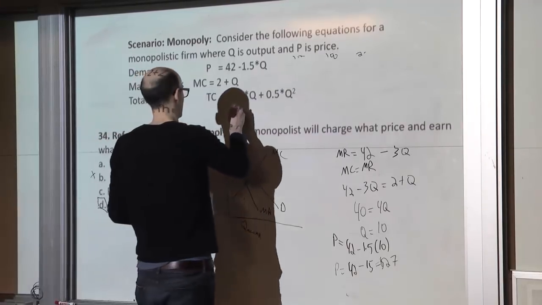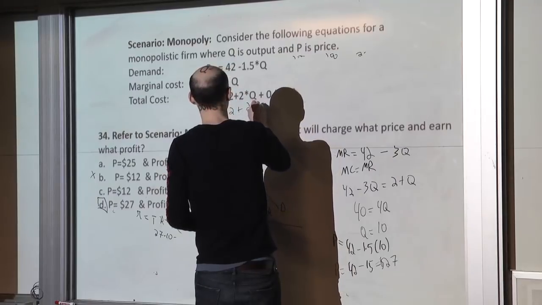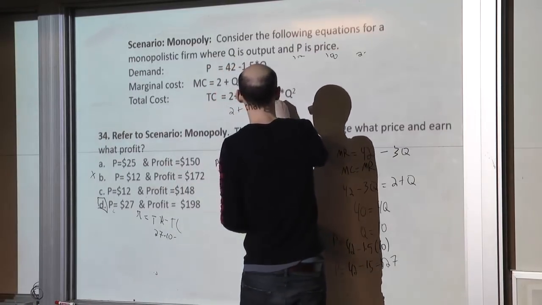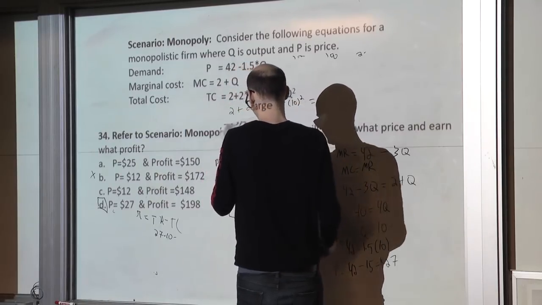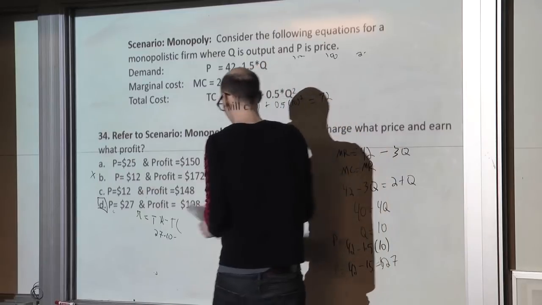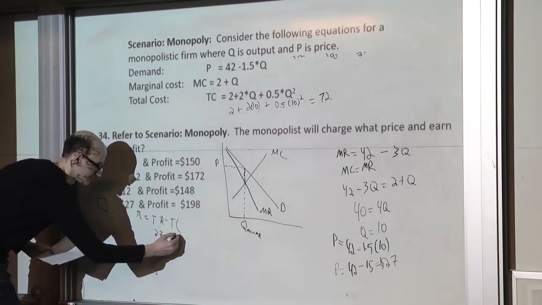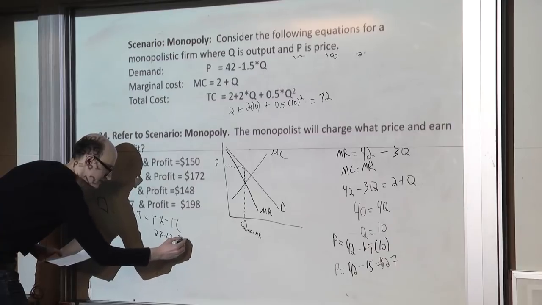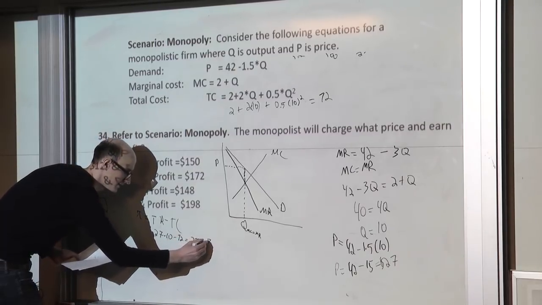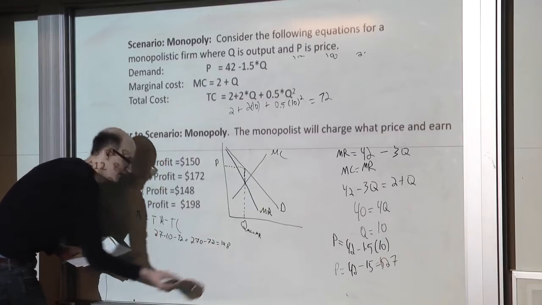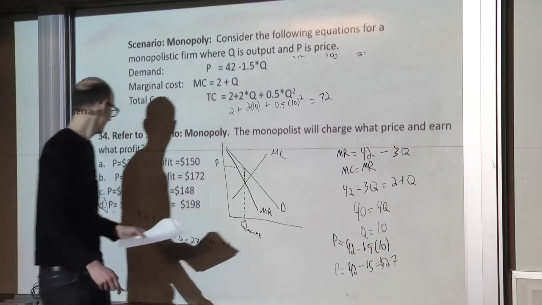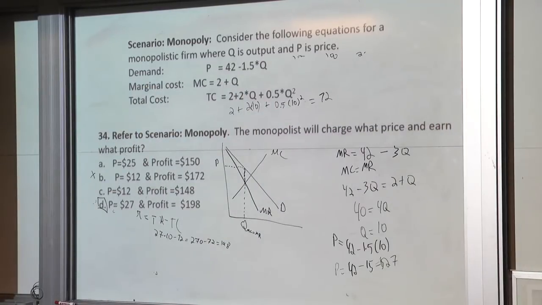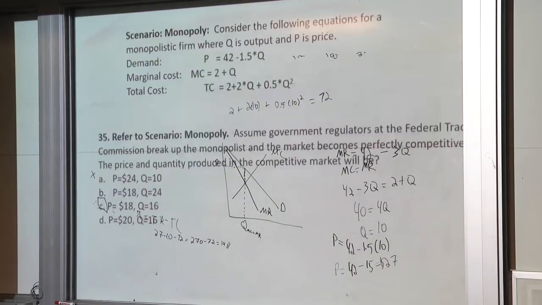So we get 2 plus 2 times 10 plus 0.5 times 10 squared. If you do the math, that will come out to 72. So minus 72. So this equals 270 minus 72 equals 198. It matches the profit here, so we know that we did everything right. In the first part, the answer is D.